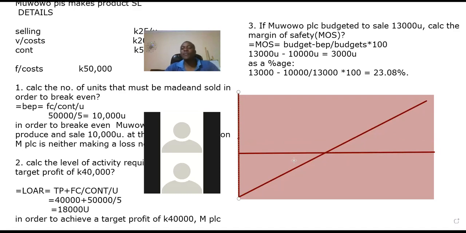So guys, what the MOS is, is something like what we're about to do now.